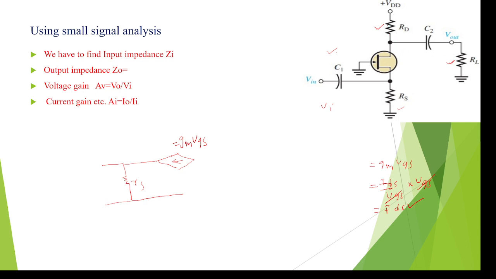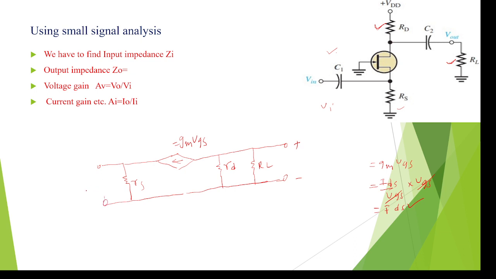So on the output side I am writing RD, either small rd or capital RD, and RL. This is the equivalent circuit for the small signal analysis. The transistor is in between, the input resistance is only RS, and on the output side there are two resistances, RD and RL.